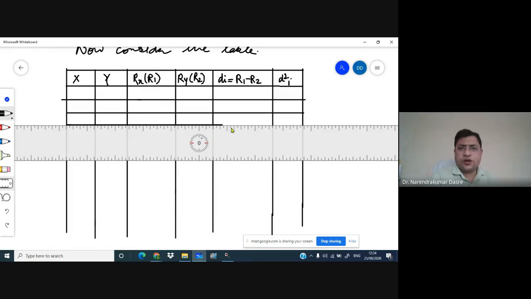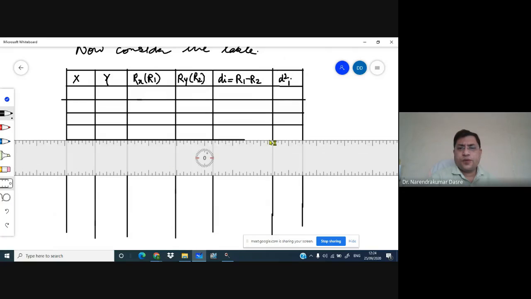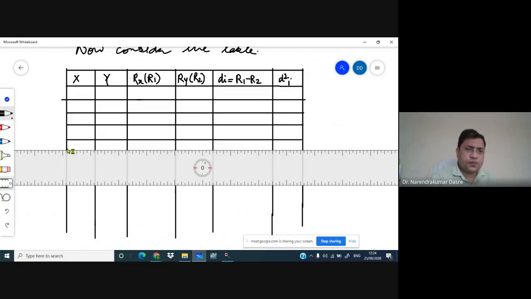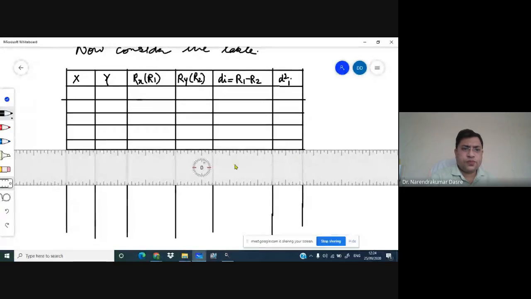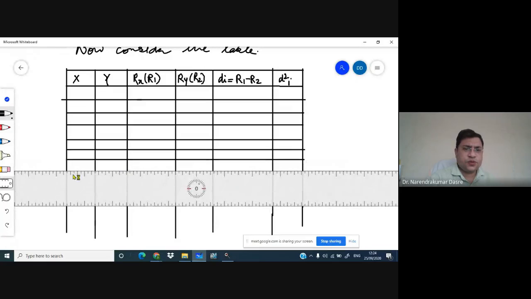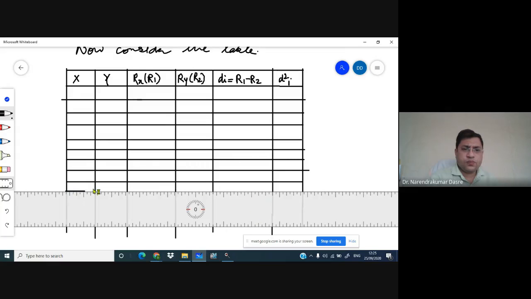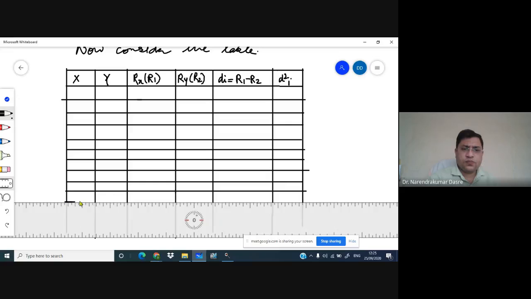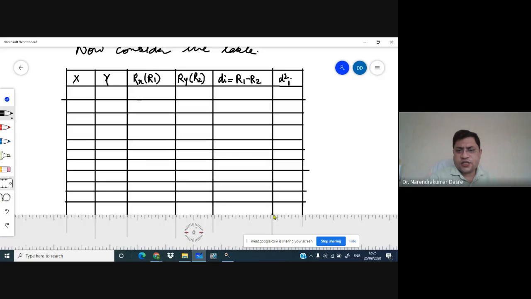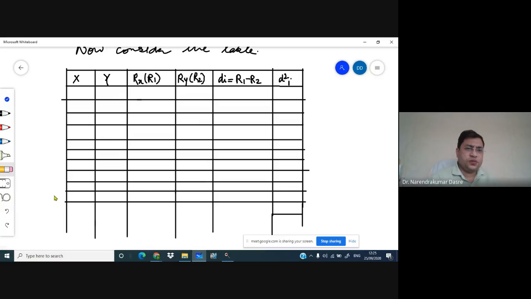And write the values of x and y. We are interested in only the sum here. So you have to make this table.